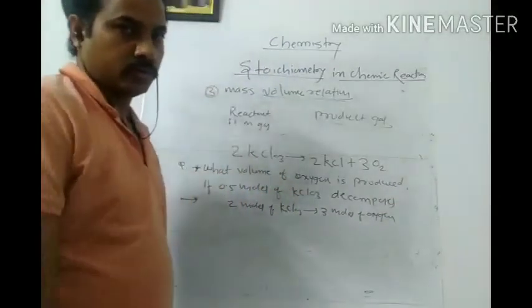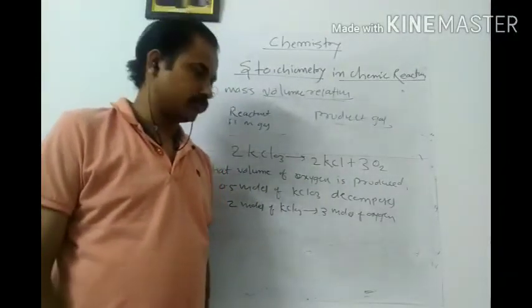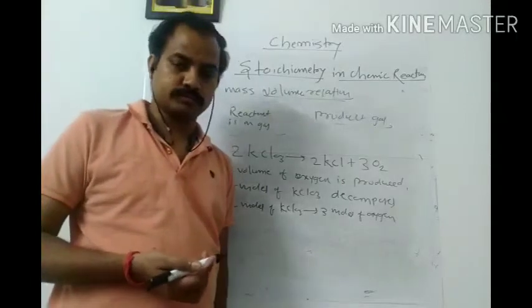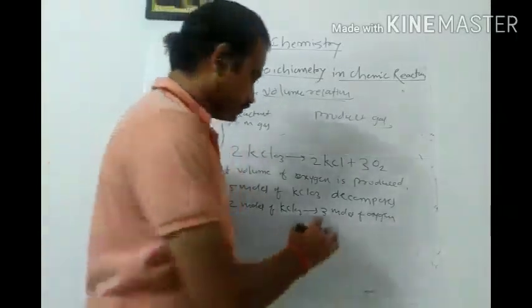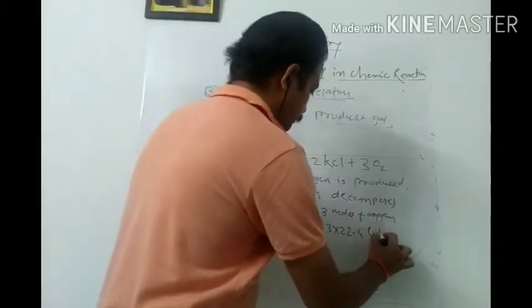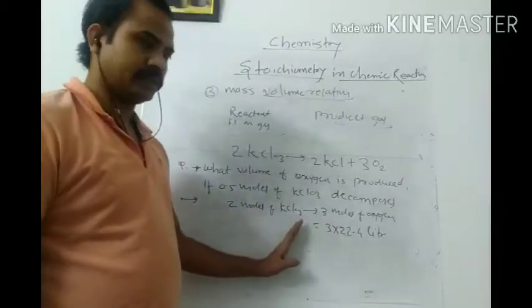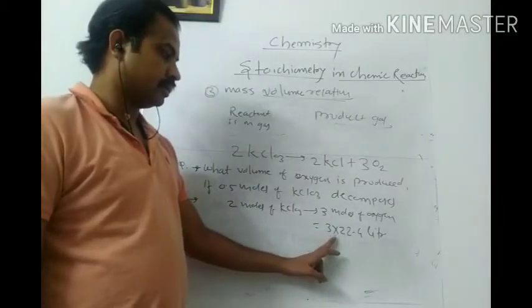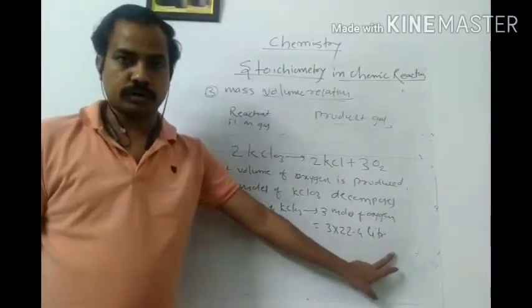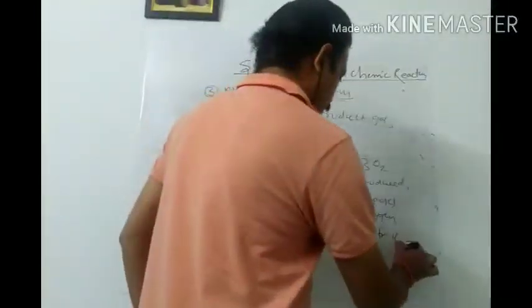And as we all know, 1 mole in terms of liters is equal to 22.4, so I can write here 3 into 22.4 liters. So 2 moles of KClO3 decomposes, I will get 3 into 22.4 liters of oxygen.